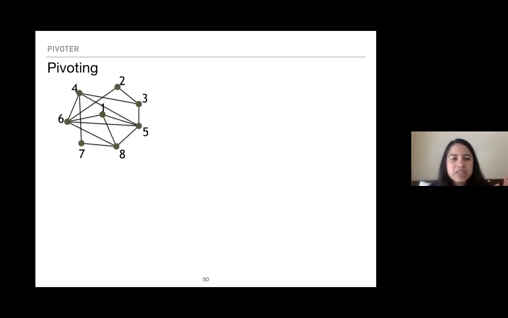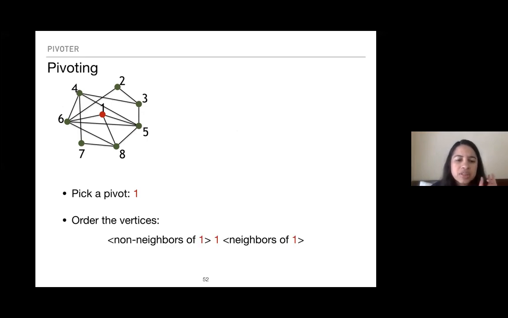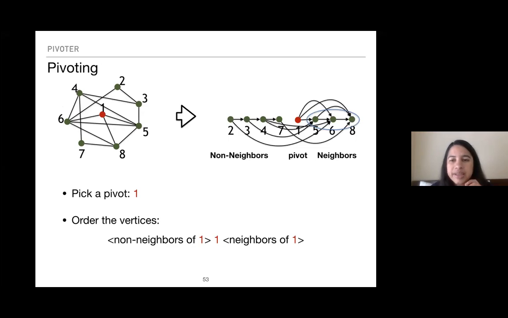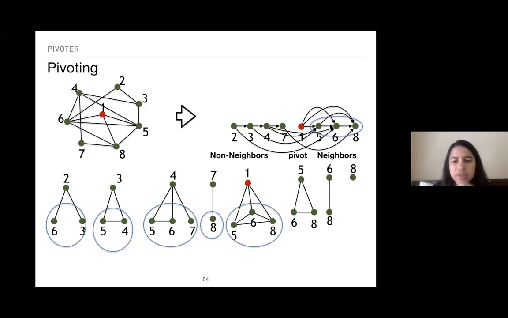Say I'm given this toy graph. I pick a pivot. In this case, let's say I pick vertex 1. The ordering that I'm going to use is as follows: I'm going to order the non-neighbors of 1, followed by 1, followed by the neighbors of 1. So the resultant DAG would look like this: the non-neighbors of 1, followed by 1, followed by the neighbors of 1. Now, enumeration would have looked at the out neighborhoods of each of these vertices.